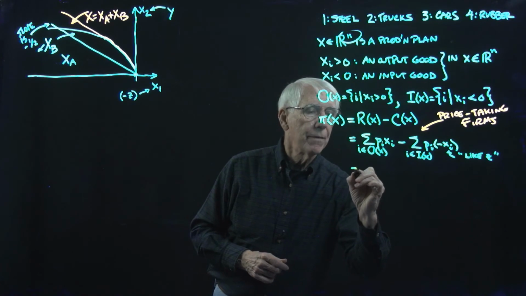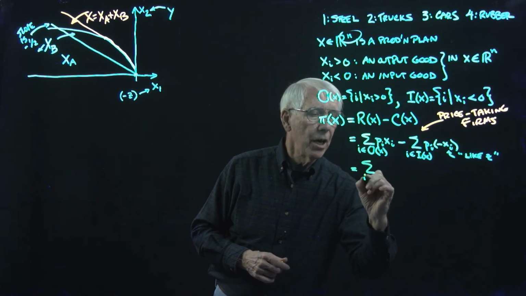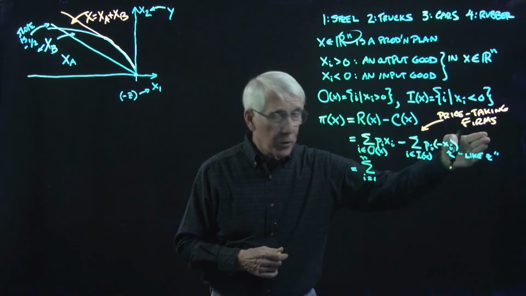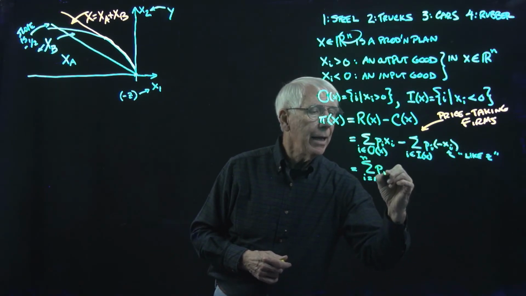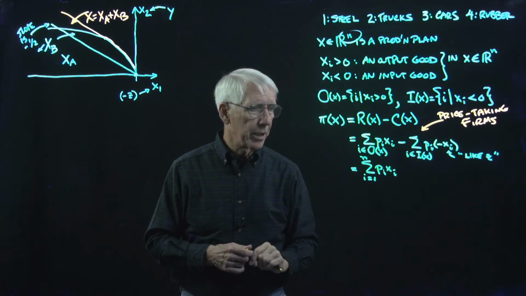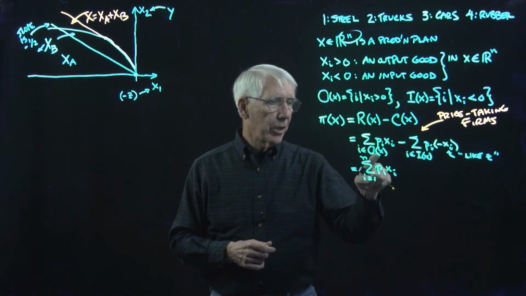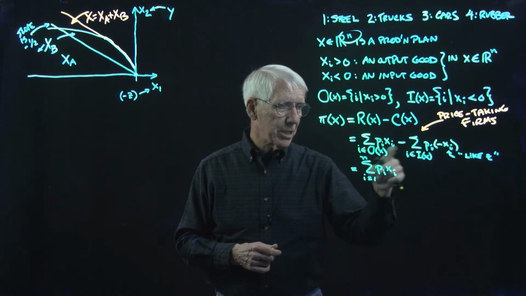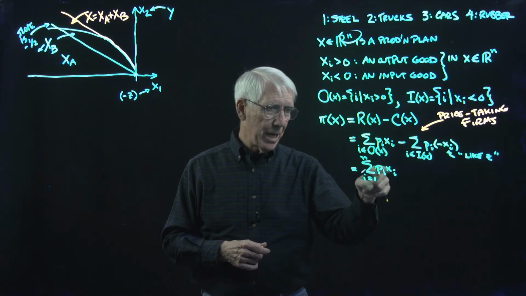And of course, this is just the sum from i equals 1 to n, the sum over all the goods, of pi times xi. These two minus signs cancel one another out. And of course, there are going to be some goods that are neither inputs nor outputs, but those are going to be ones where the xi is 0. So that's not going to make any difference.